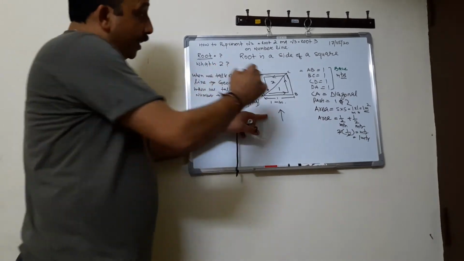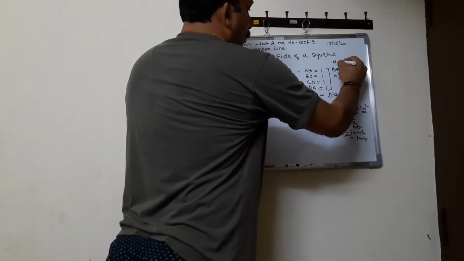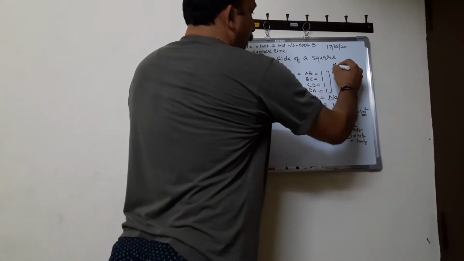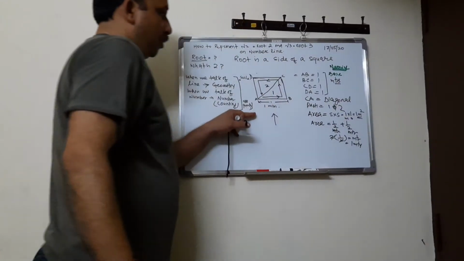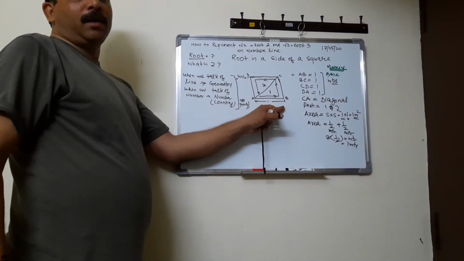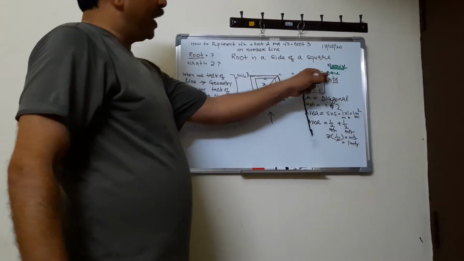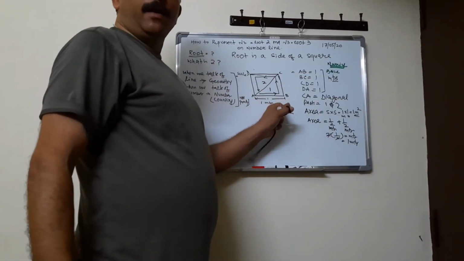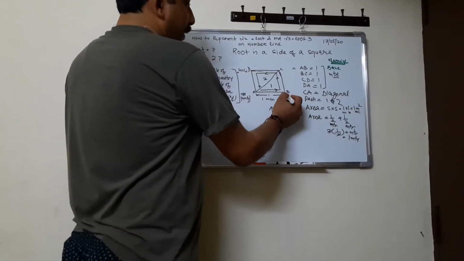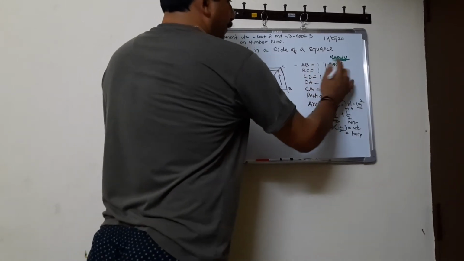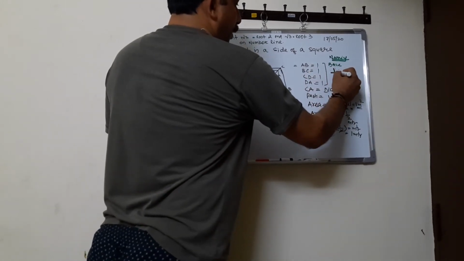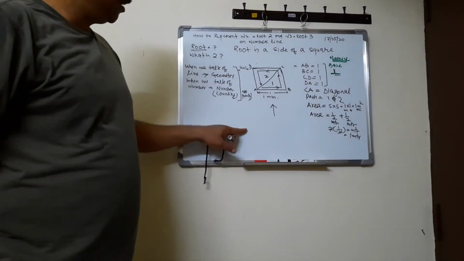So we are now naming. Naming is called labeling. So this was the side of a square. Now we have named it as base. What is AB? Base. B and C we will name as perpendicular.